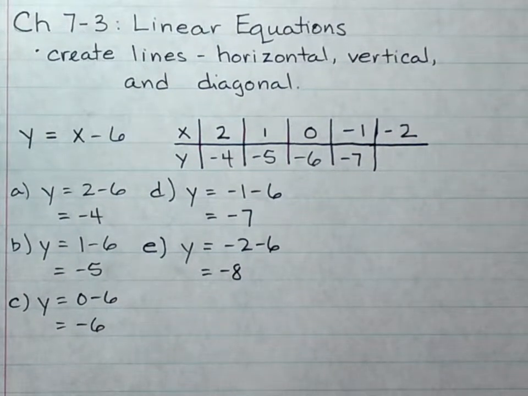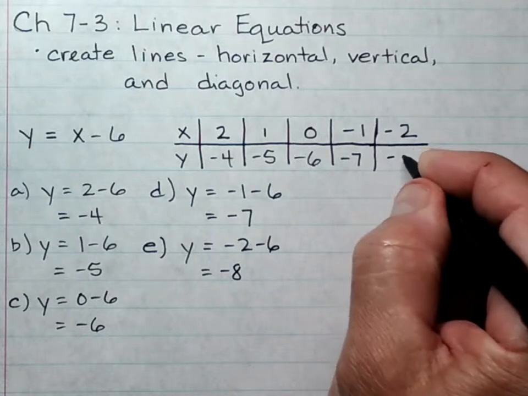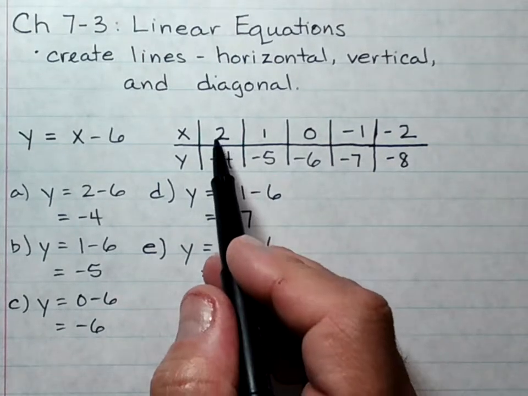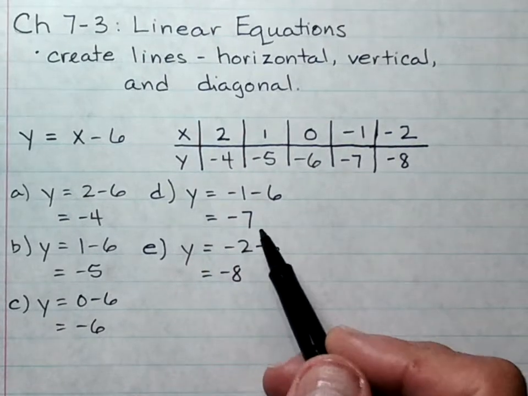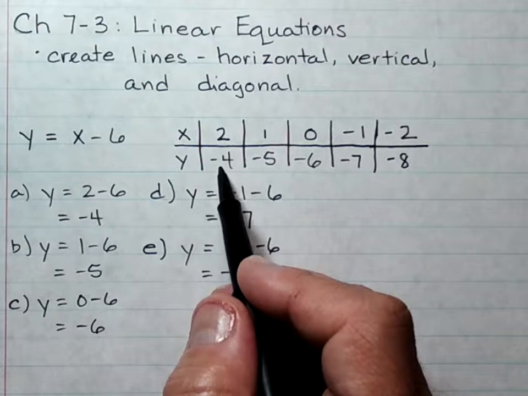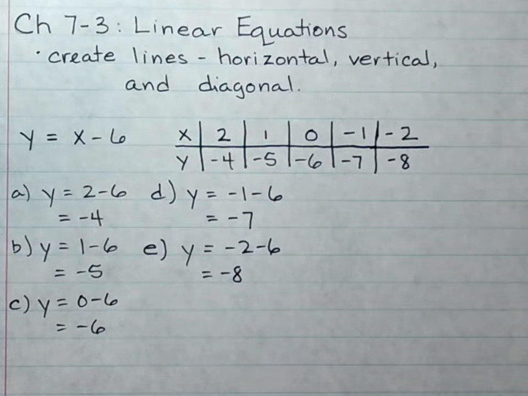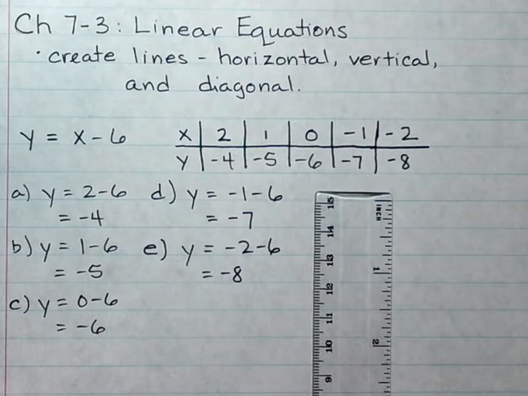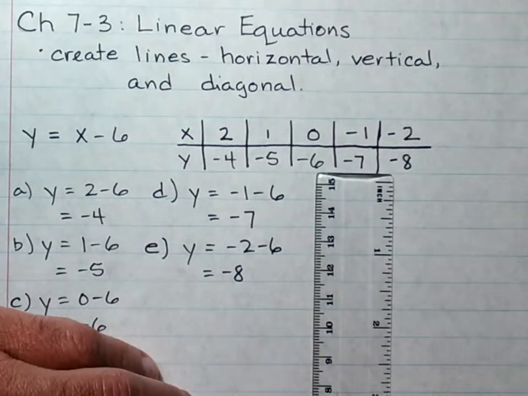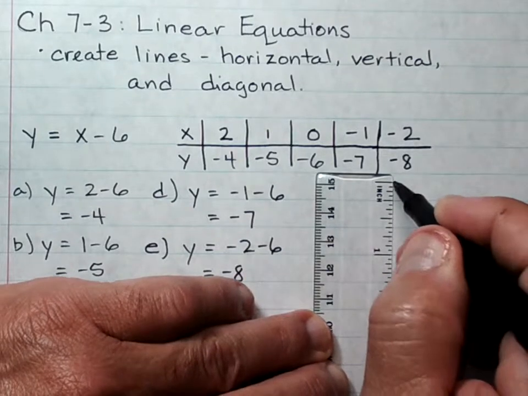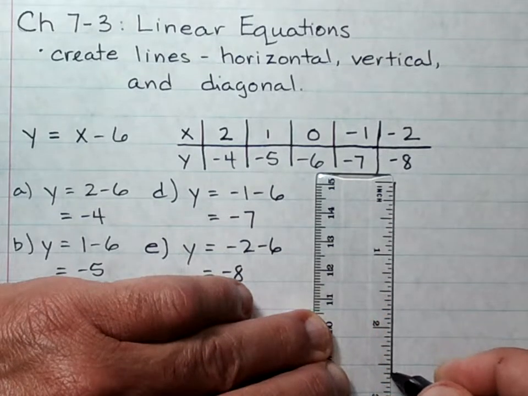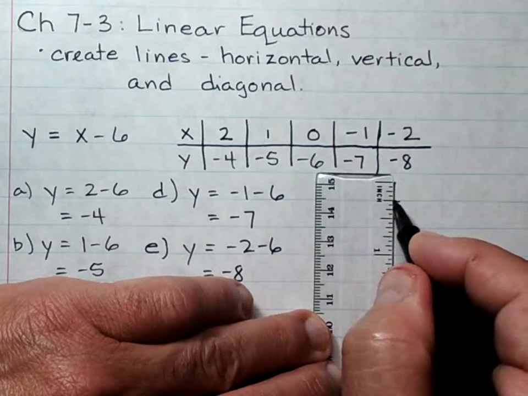So we do need to graph these. When you graph, really take in what you have and what you don't have. As far as the x's go, our x-axis will go from 2 to negative 2. And our y-axis will go from negative 4 all the way down to negative 8. So we really don't need to show any positive y-axis. We'll show a little bit just because it's nice to. This will be our x-axis right here.